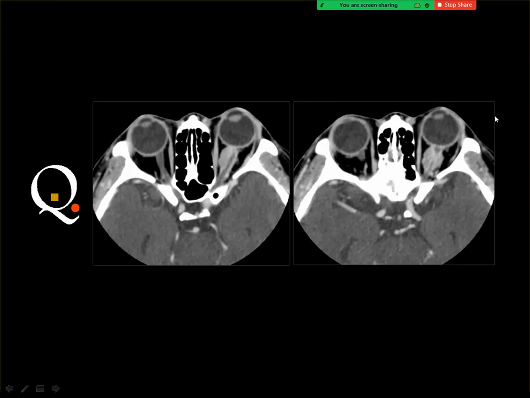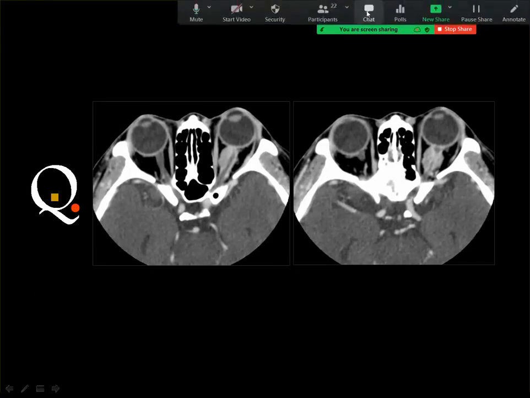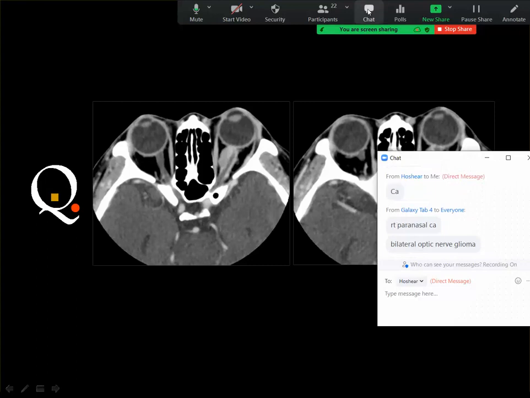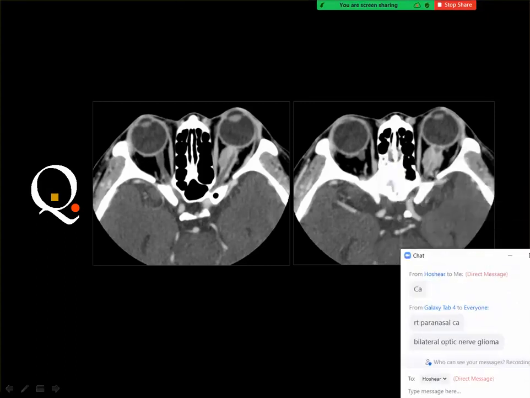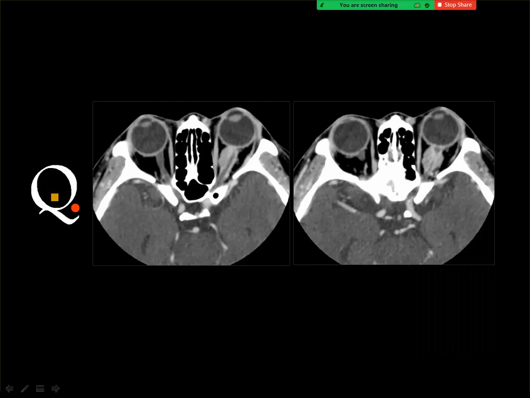Then the next case is this patient with another optic nerve lesion, which is not a glioma. Yes, meningioma, right?